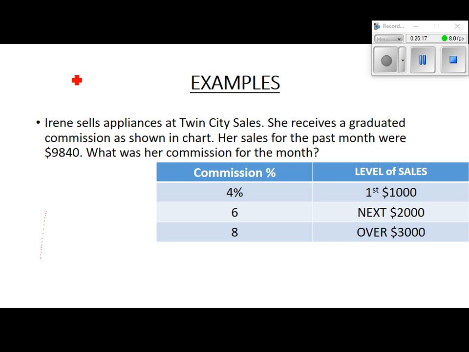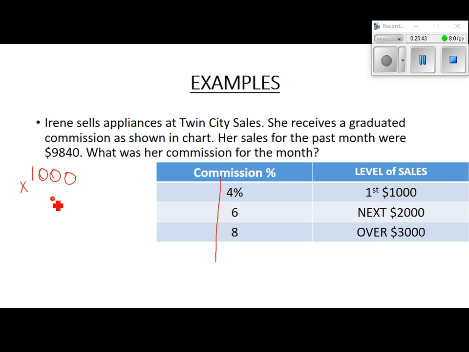When I have something like this, what I would do is put how much she makes here, how much she makes here, how much she makes here. But we got to figure each one out. First thing we got to check, does she sell more than $1,000? So for that first 1,000, she makes what percentage? So we're going to take 1,000 times what?